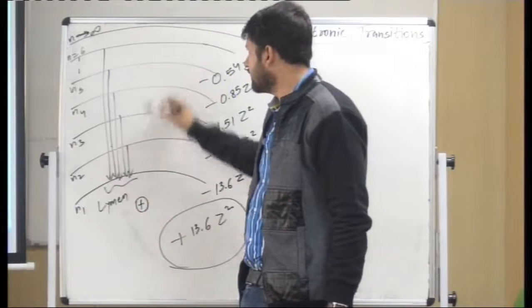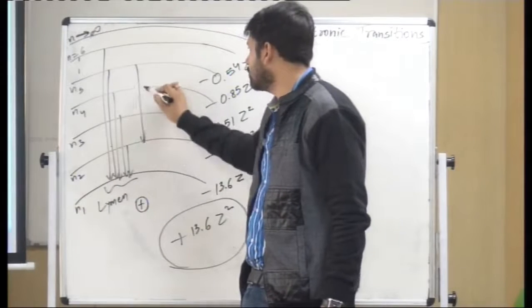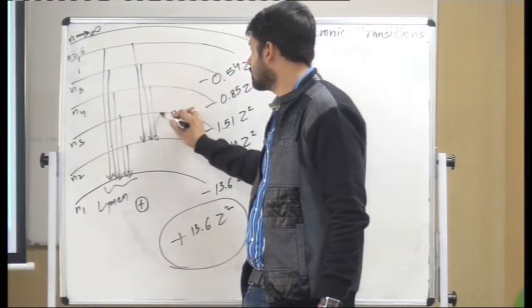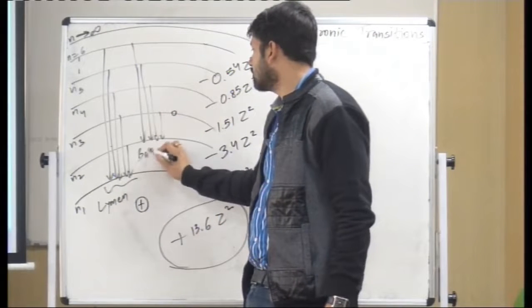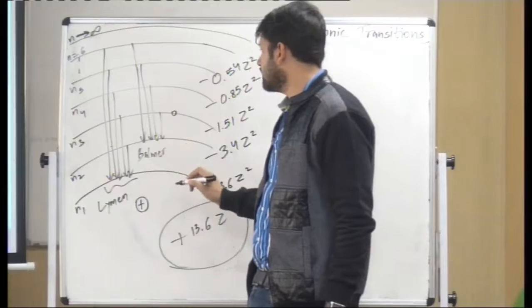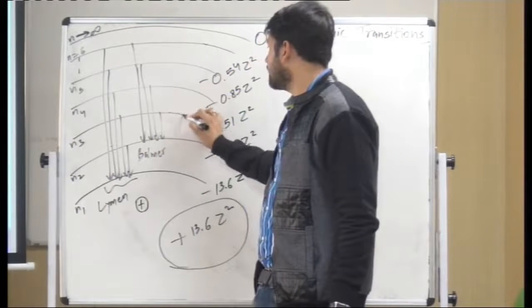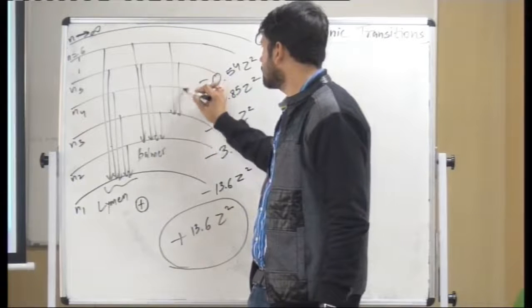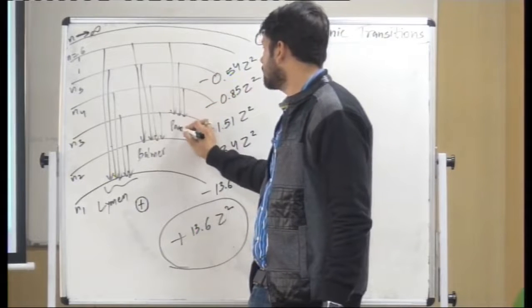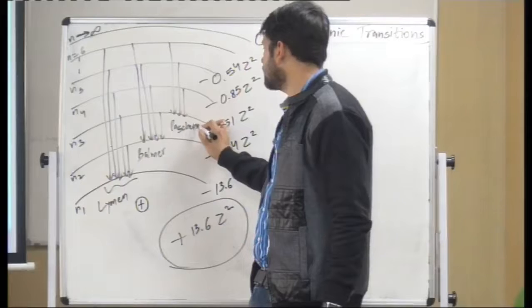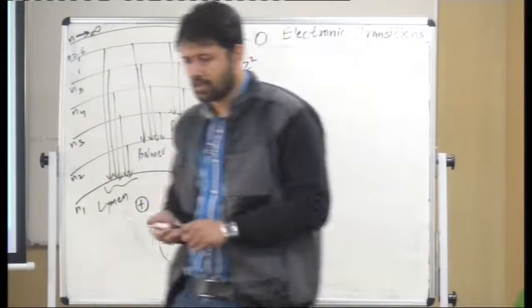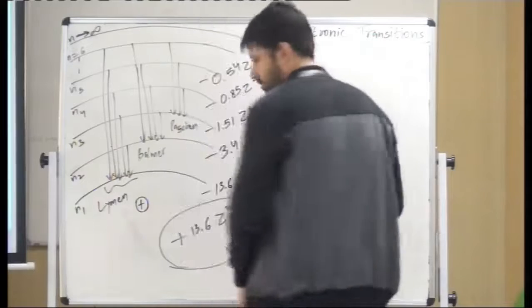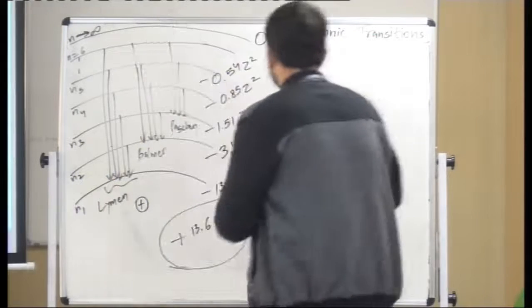Then if everything ends at 2, this is the Balmer series. If everything ends at 3, this is the Paschen series. I'll erase this.